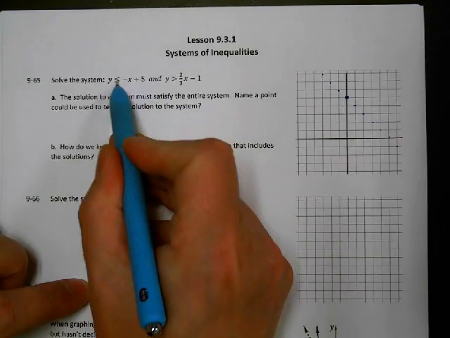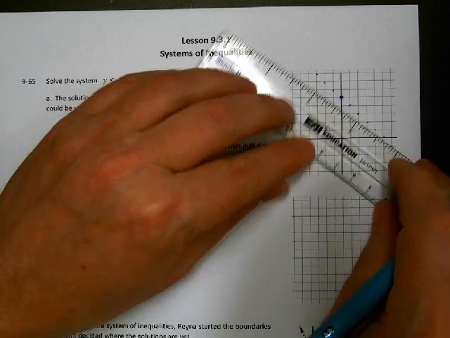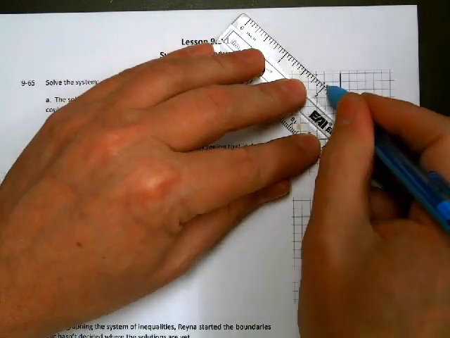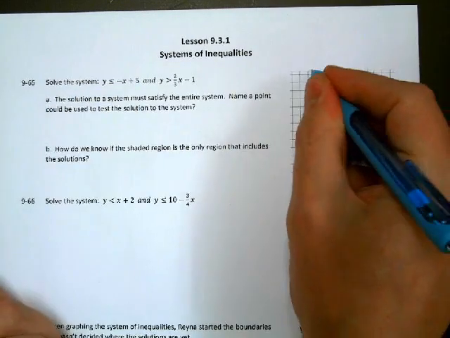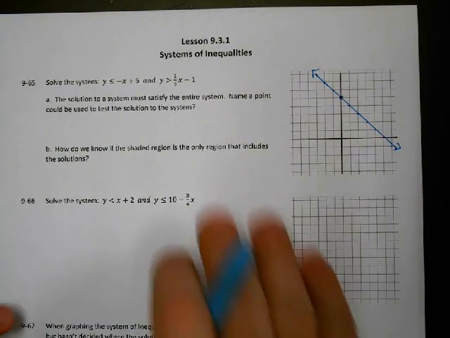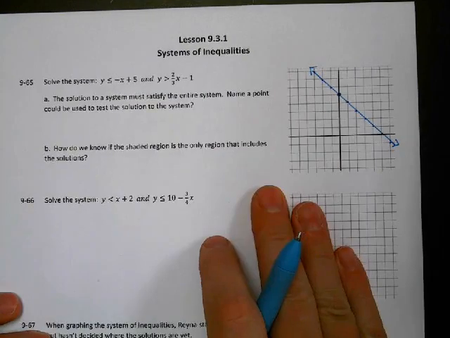Boom. Okay, this one can be equal to, so I'm going to turn this into a solid line. All right, there's the first one. Now, if this were all that this problem was, if it didn't have the and word in there, I would have just shaded underneath it.